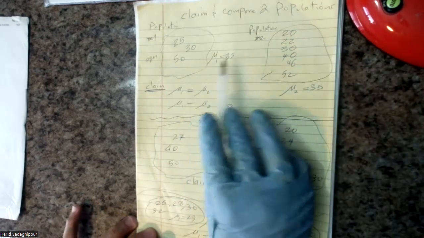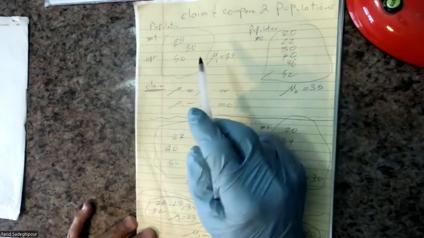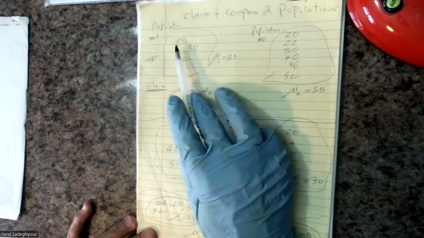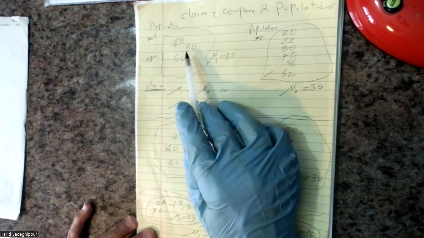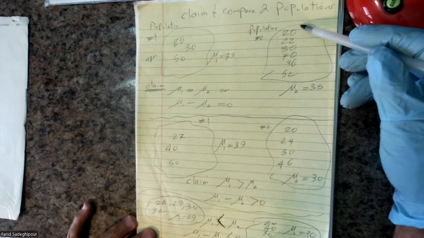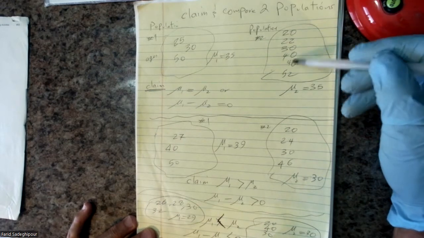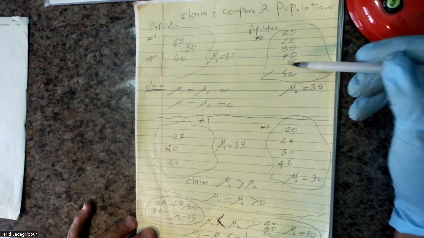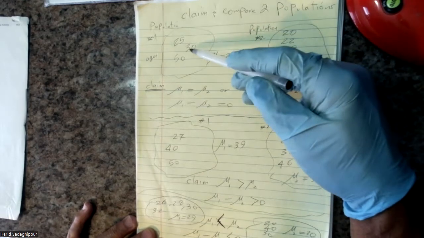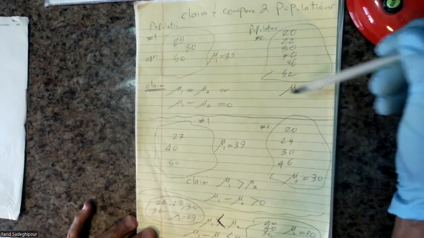Let's assume that there are two different populations and we're discussing age. One population has three people with ages 25, 30, and 50, and the other population has 5 people with ages from 20 to 52. When I calculate the mean for the first one by summing all of these and dividing by 3, it is 35.